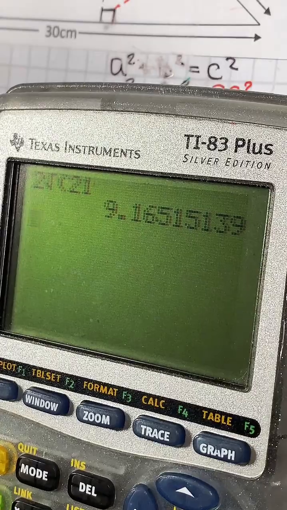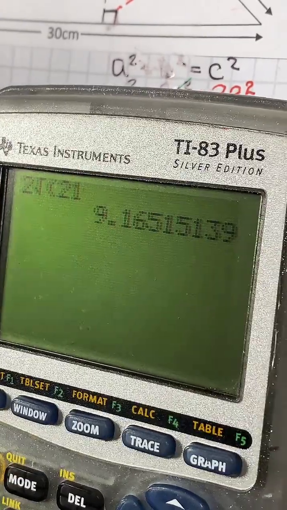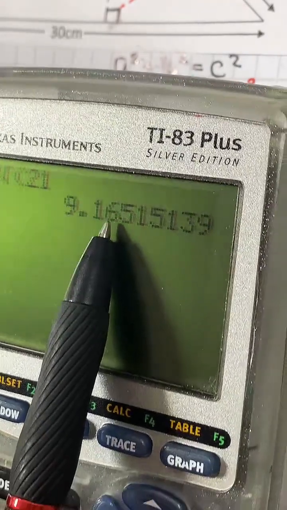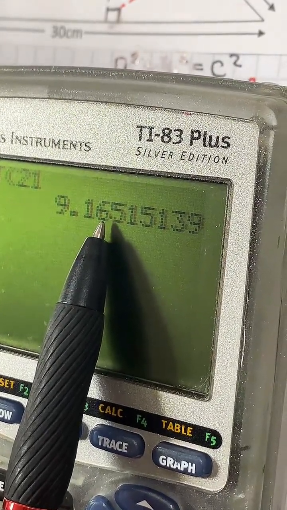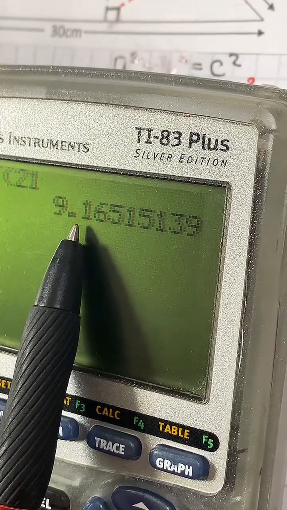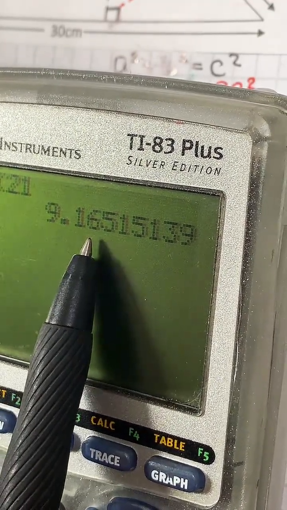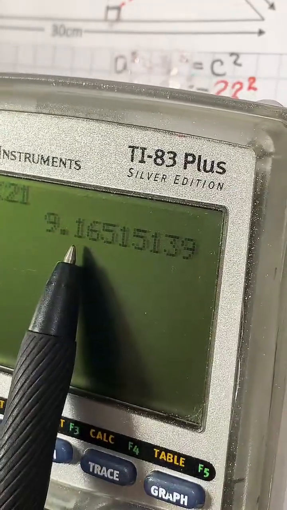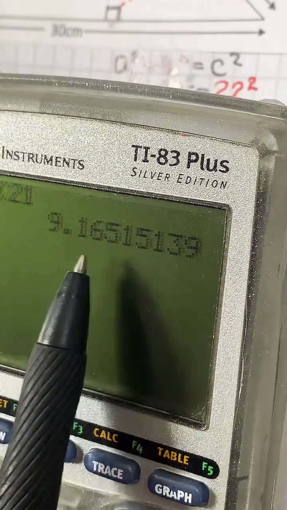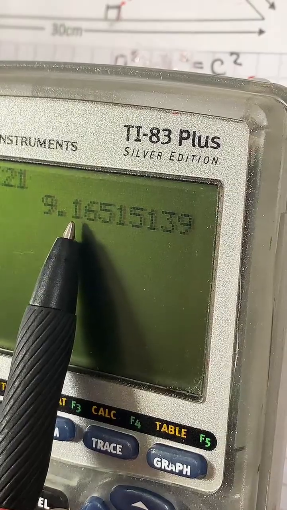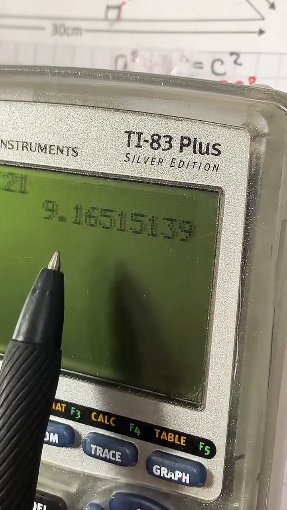All right, 9.2. That's the thing. You're like, oh, I see 9.1. Yes, but the next digit is a 6. All right, so here's the thing. If it's 5 and above, we give it a shove. That means we will add 1 to that. If it was a 4 and below, we leave it alone. Right at that 4, we drop everything and just leave it as is. But since 6 is larger than 5, we're going to add 1 to that 1. So that's how you get your 9.2.